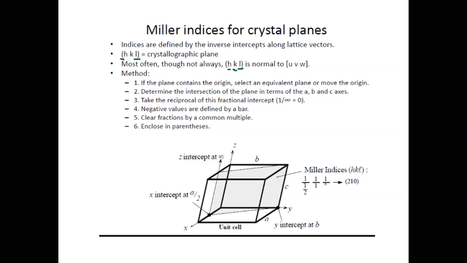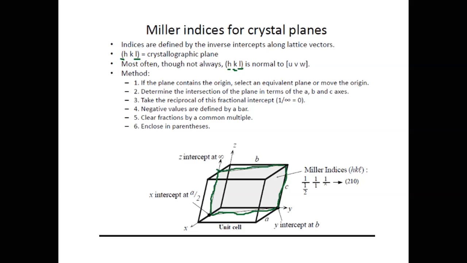So if your plane crosses the origin, the first thing you've got to do is shift it away from the origin so you can see which axes it crosses and which ones it doesn't. For example, in this plane here at the bottom of the screen, you'll notice it's not on the origin, so we don't have to shift it.